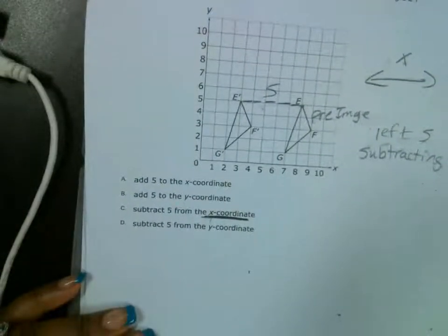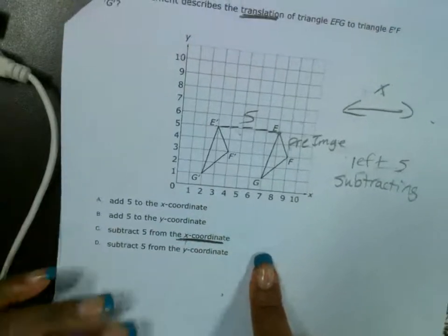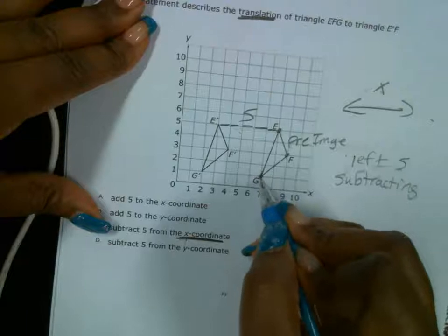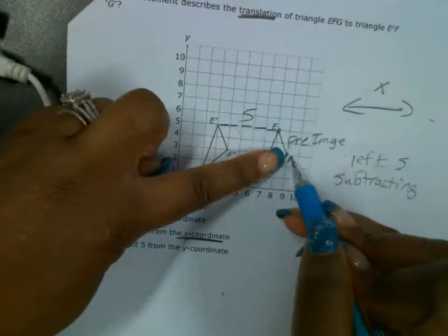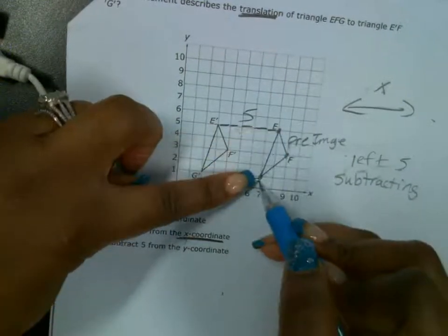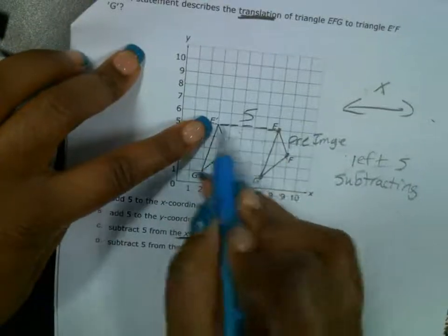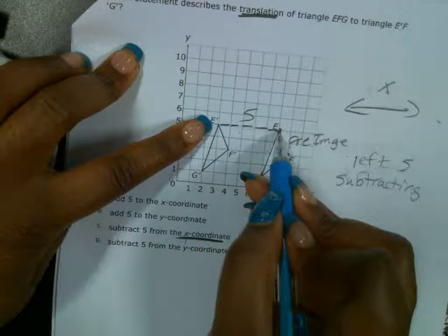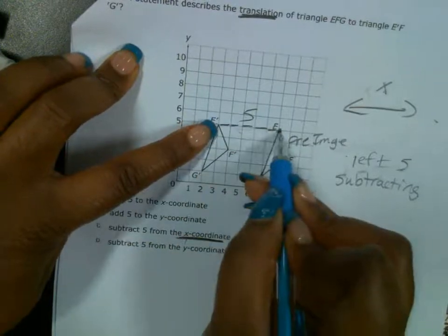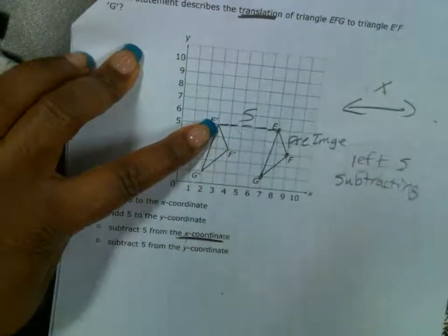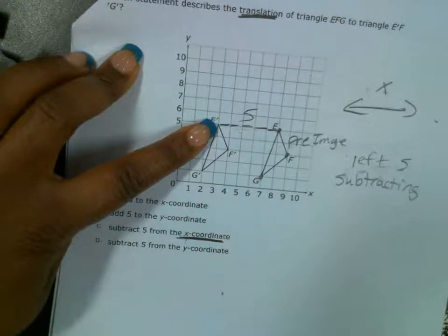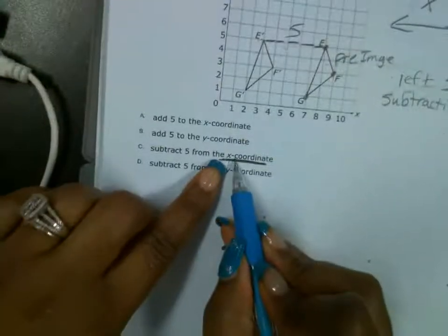Yes, baby. Which one? This one? Okay. Do you see why this is the pre-image? Because it does not have any tick marks. So it moved here. It went from here to here. How did it move? This is going to the left. Left, right is X. So that's how you know that they're talking about the X coordinate.